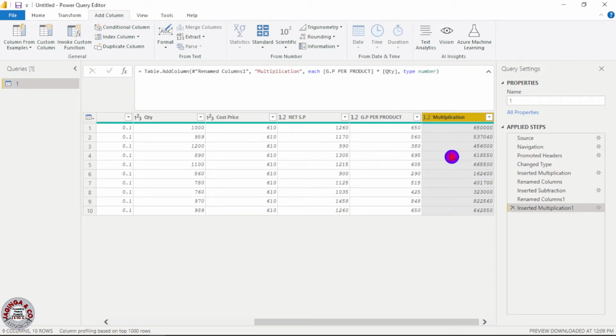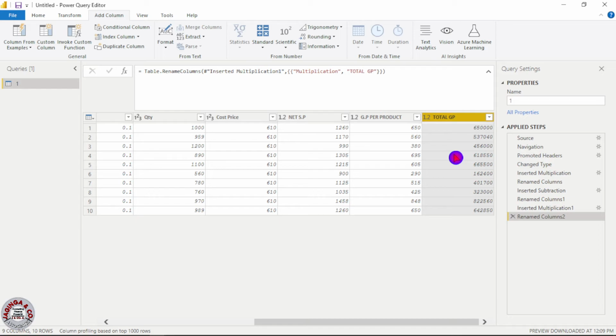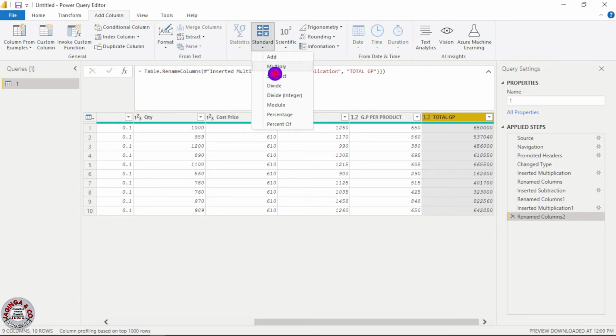Let me rename this one to be total GP. So we'll pick total GP, and then we'll come here to standard, then we'll say divide.